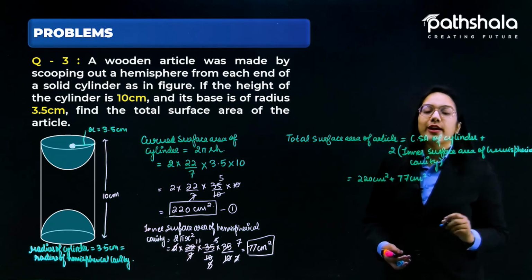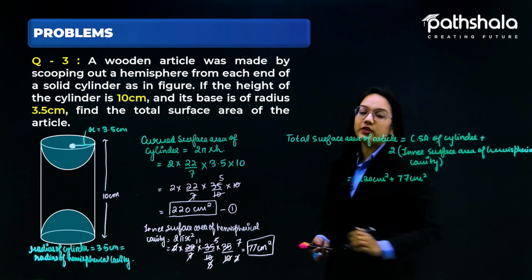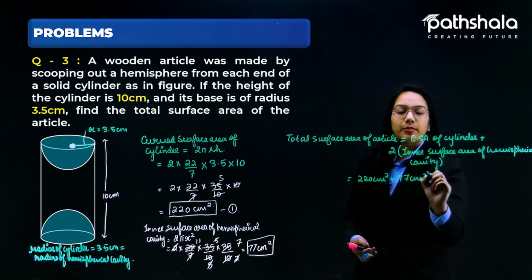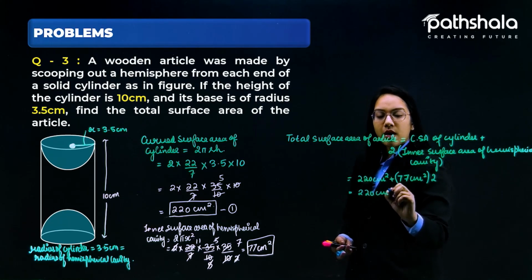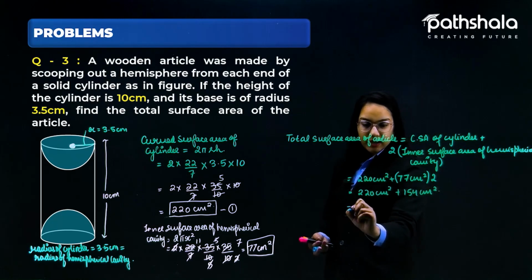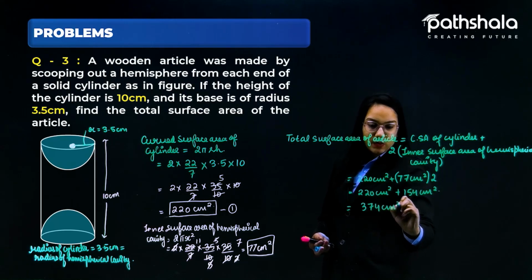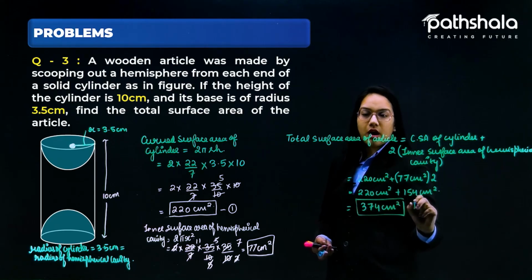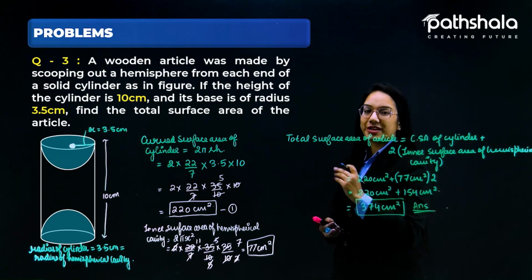So this is 220 centimeter square plus 154 centimeter square. At the end we get 374 centimeter square, which is our total surface area of the article.